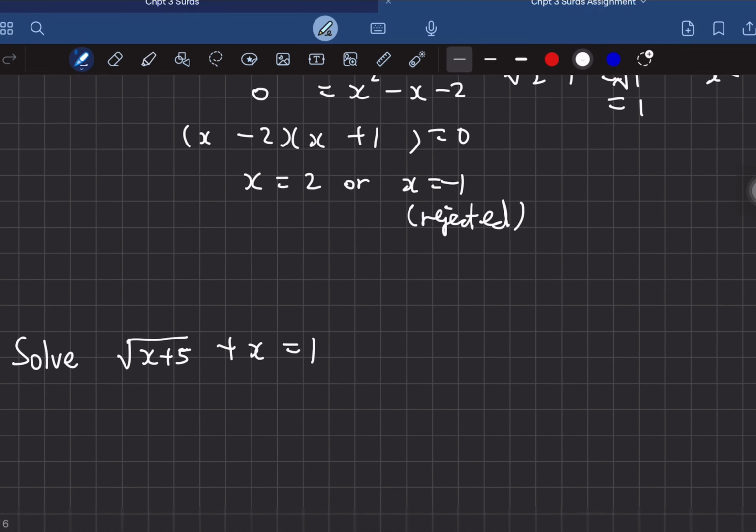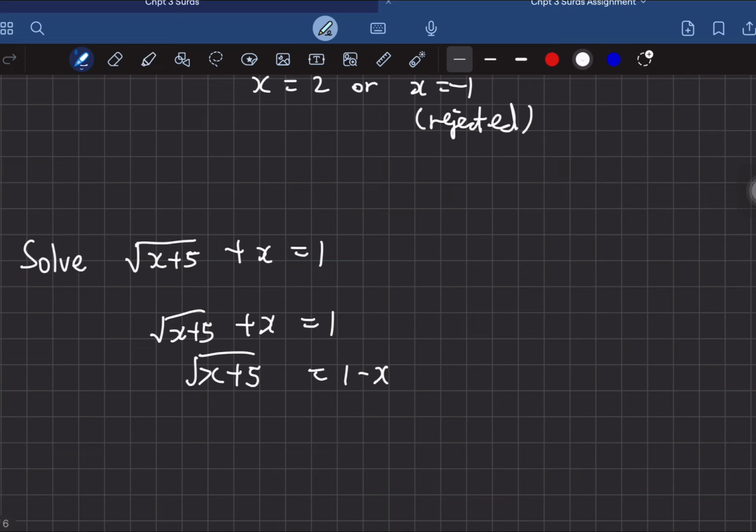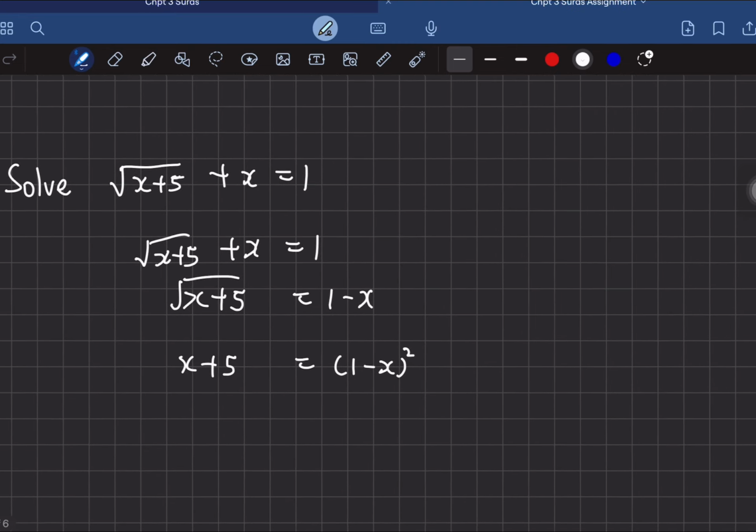Then the other example is over here. Solve square root of x plus 5, plus x, equals 1. So same idea. We have to remove the square root first. So I have 1 minus x. The issue here is that we square both sides, yes, correct. But there are students who, after squaring, forget about the identity (a minus b) squared.